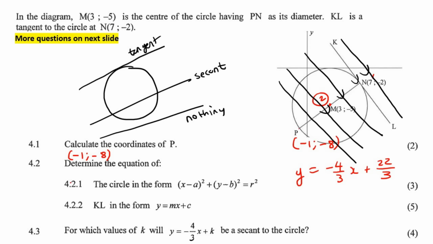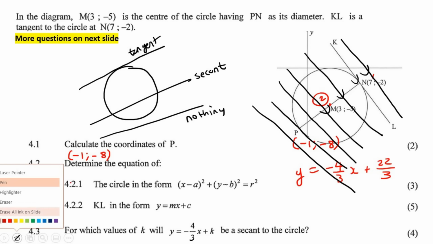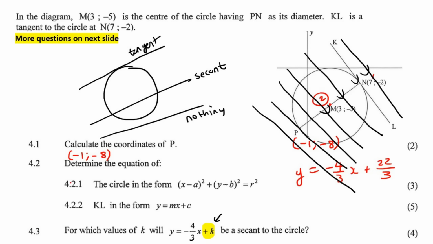Okay, let's draw another tangent. And then let's do another. So they want to know, because remember, by changing this k value on a straight line, that is the y-intercept. So if you make k a very big positive number, then you're going to get lines going up here where they intersect the y-axis at a very large number.